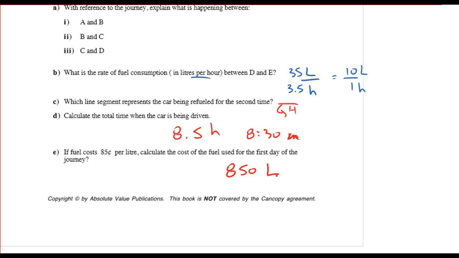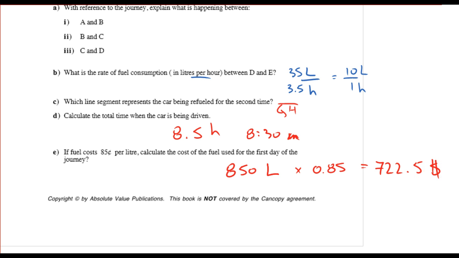Wow, that's a lot of fuel. They must have been driving all day. And if it costs 85 cents, I'm just going to multiply that by 0.85, because I want it in dollars. And I'm going to get 850 times 0.85 on my calculator here. 722.5 dollars.